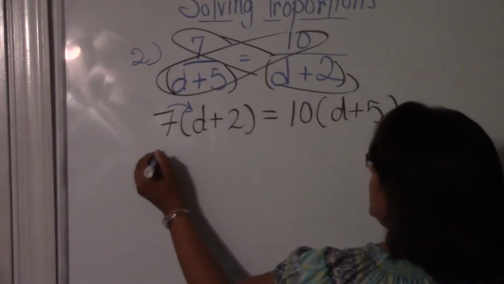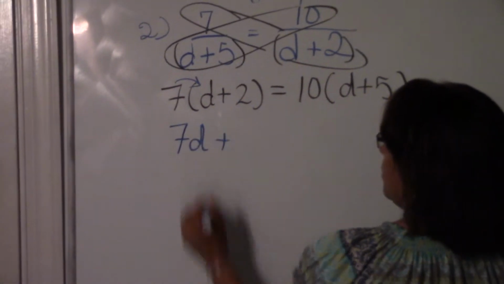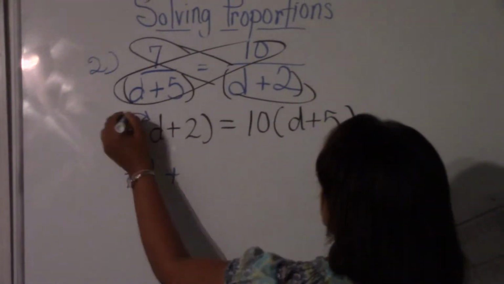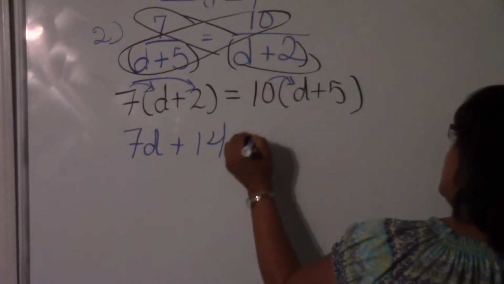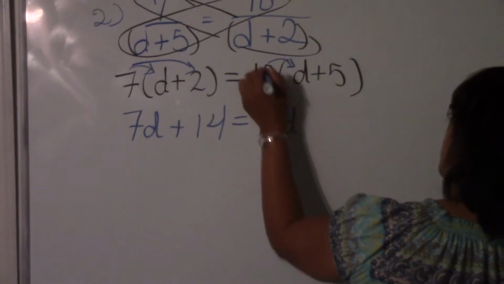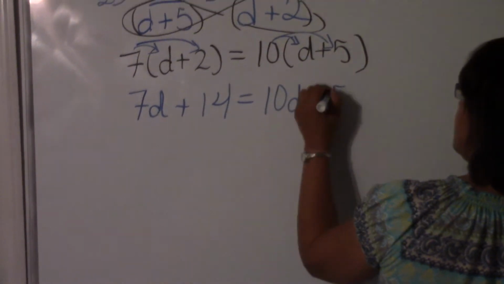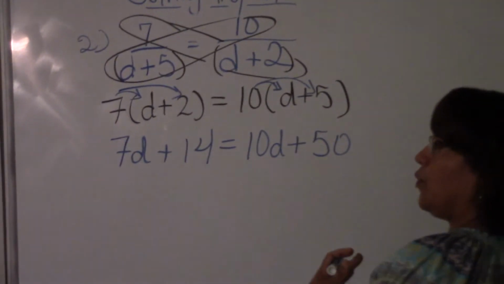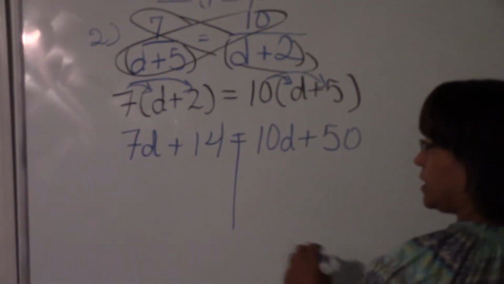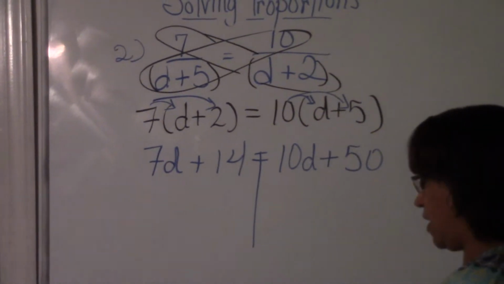7 times d is 7d plus 7 times 2, which is 14. 10 times d is 10d plus 10 times 5 is 50. So now we have these expressions equal to each other. We're going to move the variables to one side of the equation and the numbers to the other.